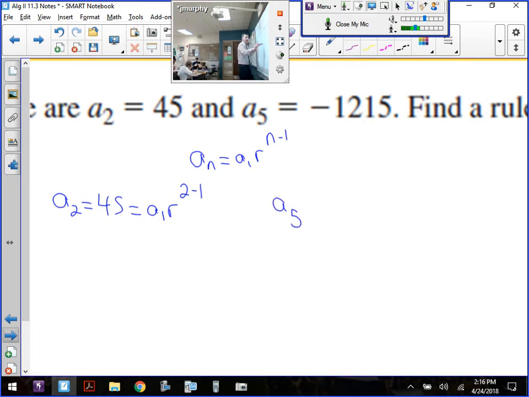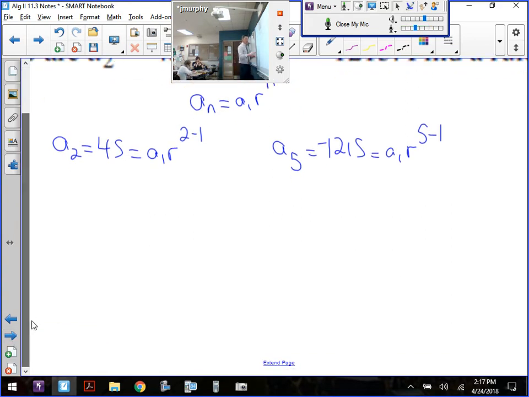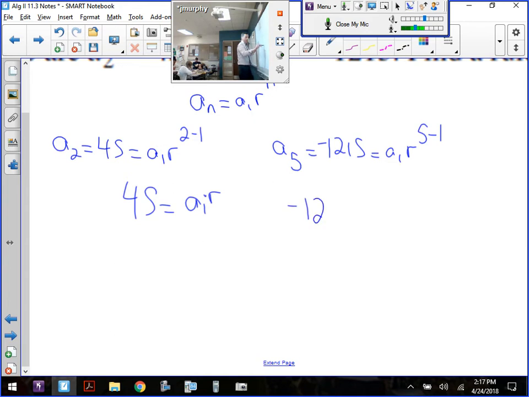The fifth term is negative 1215, which is the first term times r to the 5 minus 1. You okay with that? Now, I can rewrite both of them by simplifying my exponents, and I'm going to get 45 is a sub 1 times r, and negative 1215 is the first term times r to the 4th.